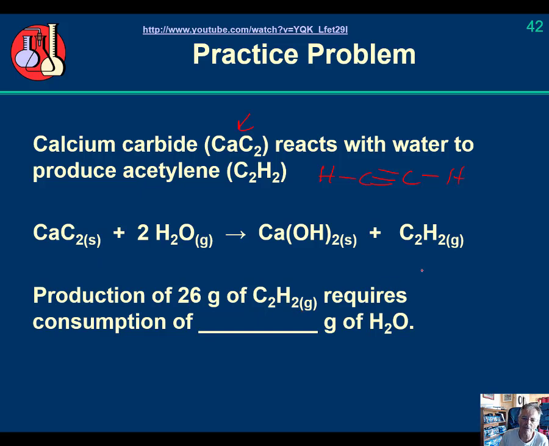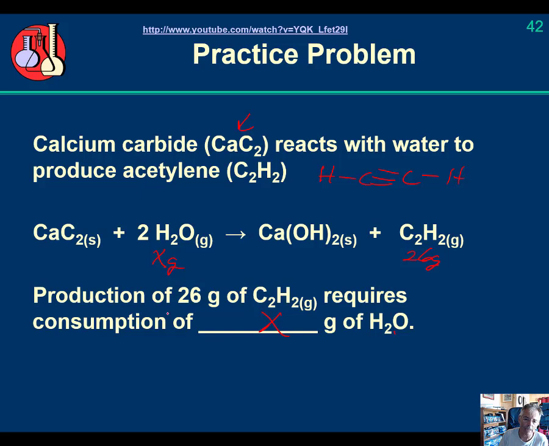Production of 26 grams of this. So you've got 26 grams of this stuff over here requires the consumption of X grams of water. So there's your X factor right there. So this is X grams. So this is going to be a gram to gram conversion.